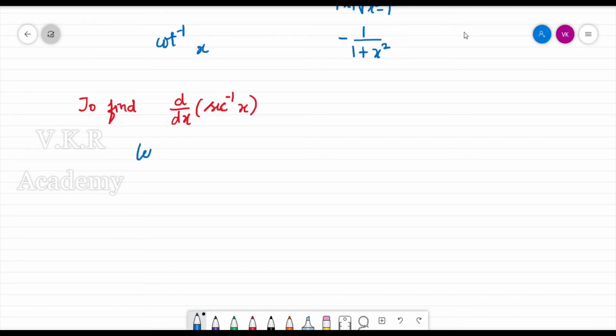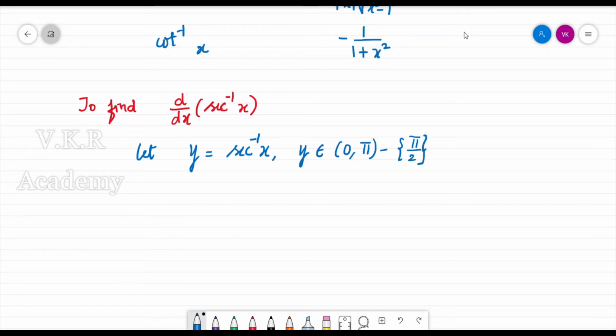So, let's assume y is equal to secant inverse of x. So, this implies y belongs to the open interval 0 to pi minus singleton pi by 2.